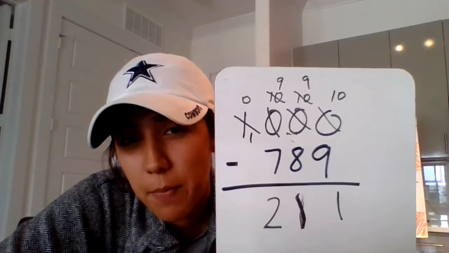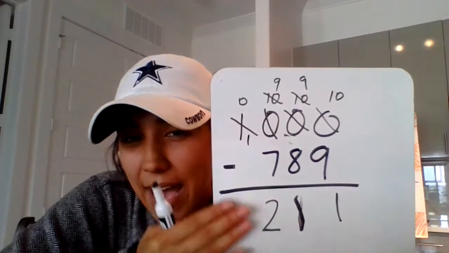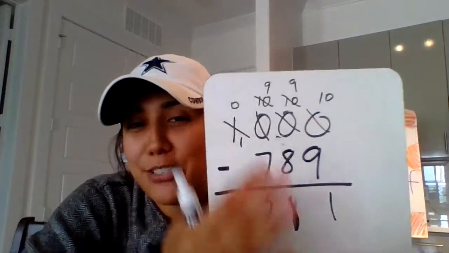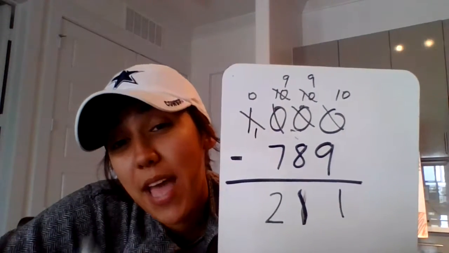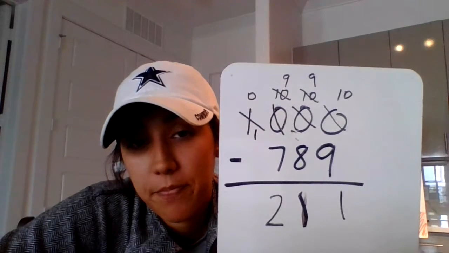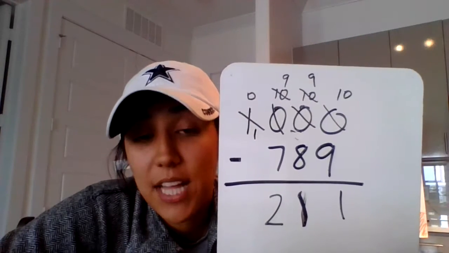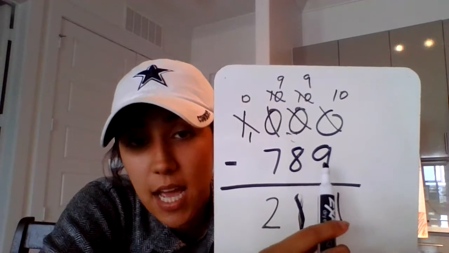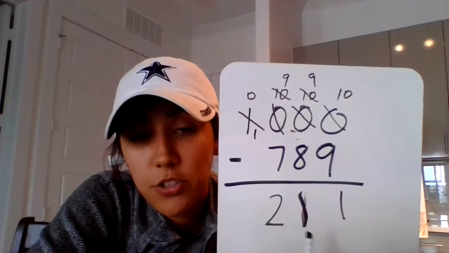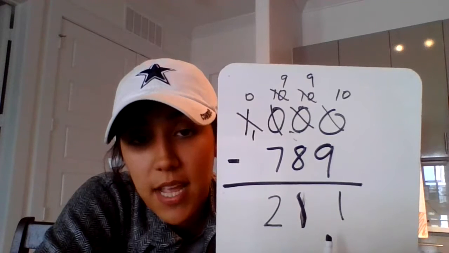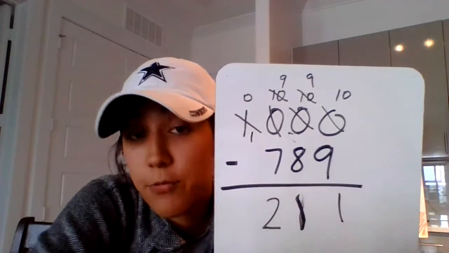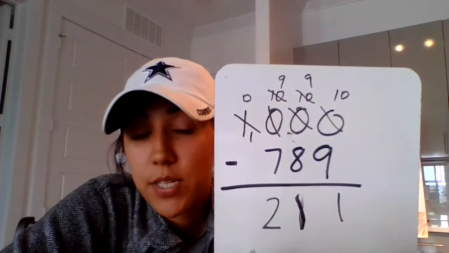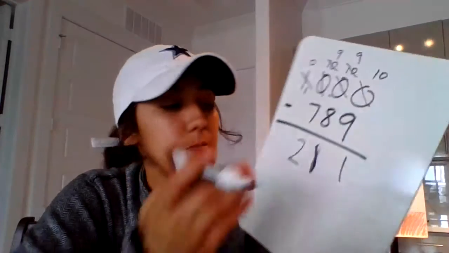So what two numbers would we add to check our answer? That's right. To check our answer, we would add 789 plus 211, and we should get 1,000. If we don't get 1,000, then we did something wrong and we have the wrong answer.